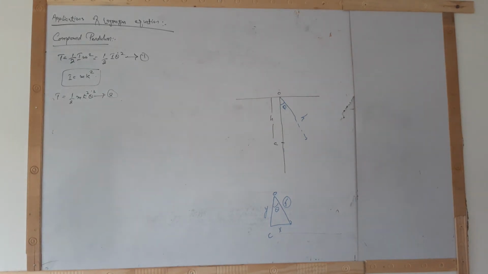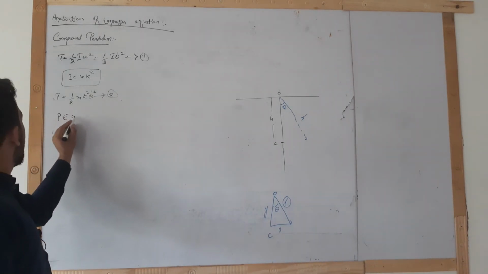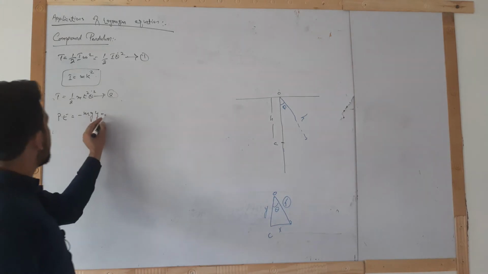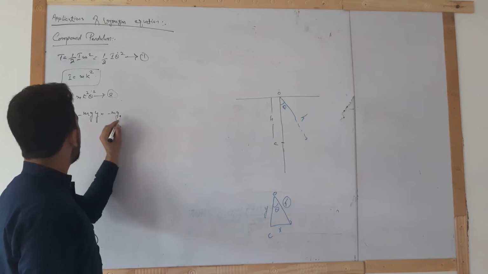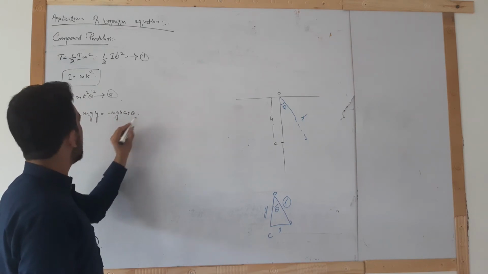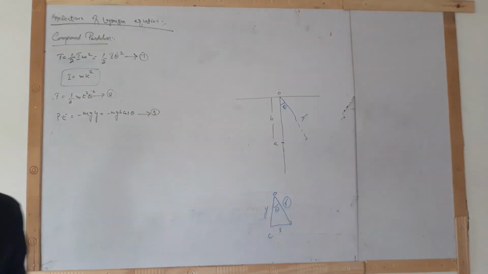Now, what is the potential energy? Potential energy is minus mgy, and we can see from the figure that minus mgy is minus mgh cosine of theta. So this is our equation number 3.